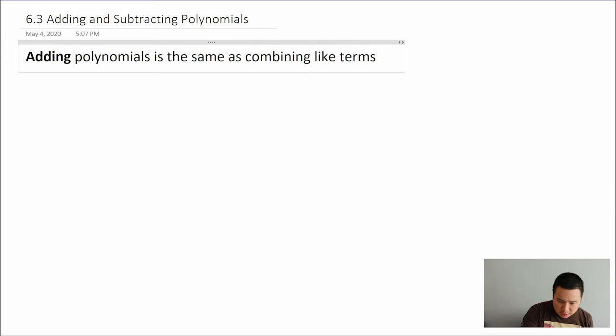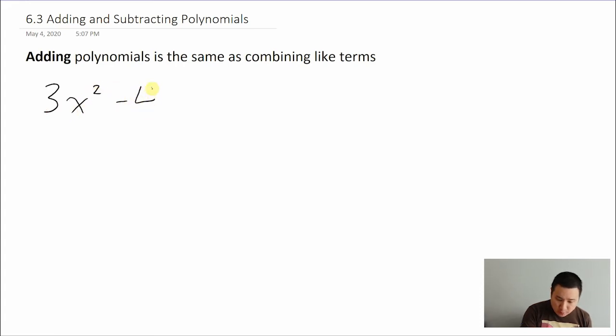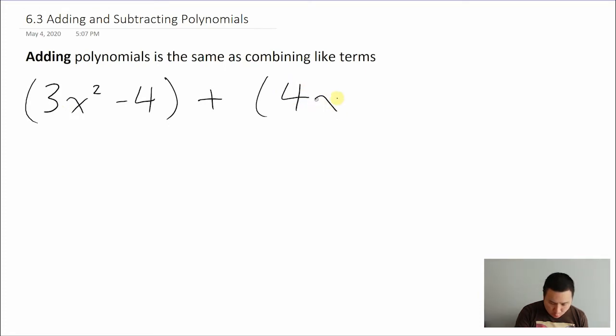So if I had a polynomial such as 3x squared minus 4, and I want to take this polynomial and add it and combine it with this polynomial, 4x squared plus 2x plus 1.